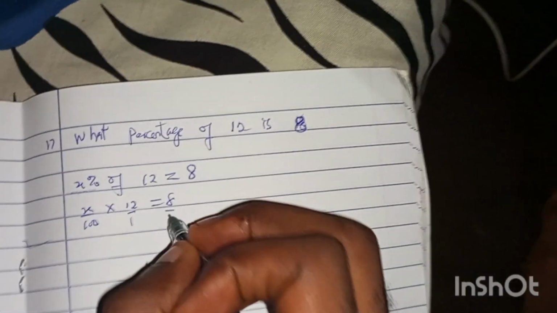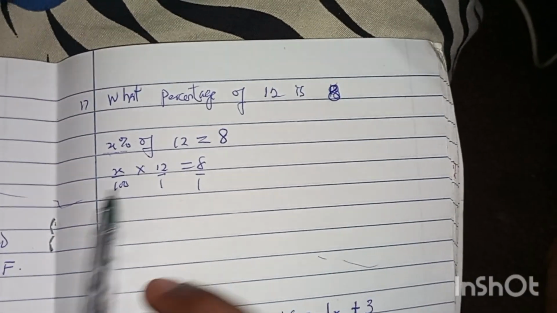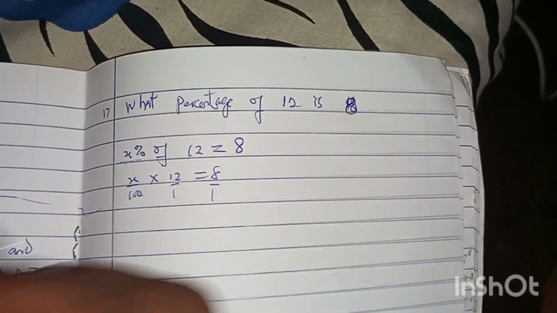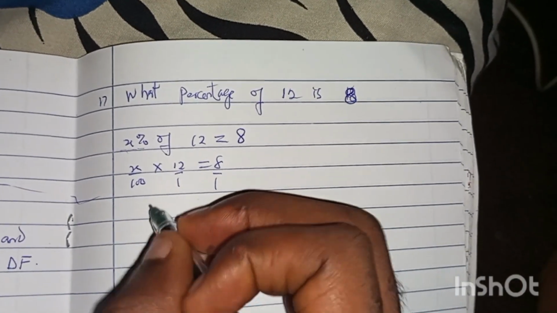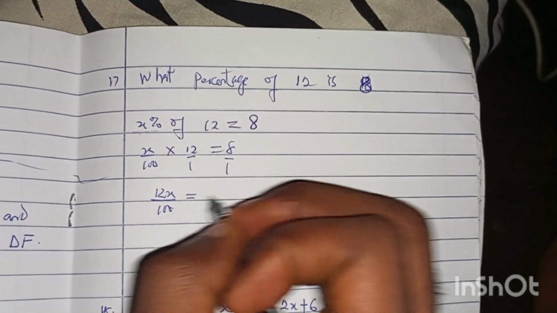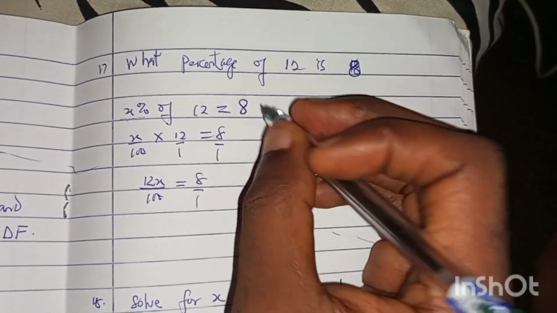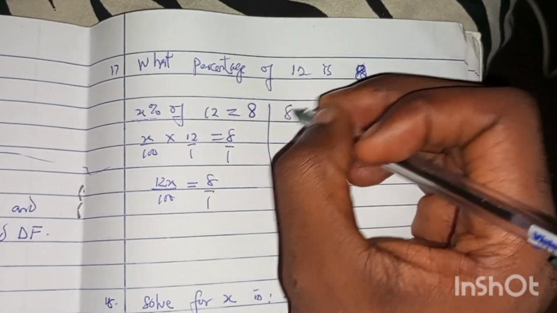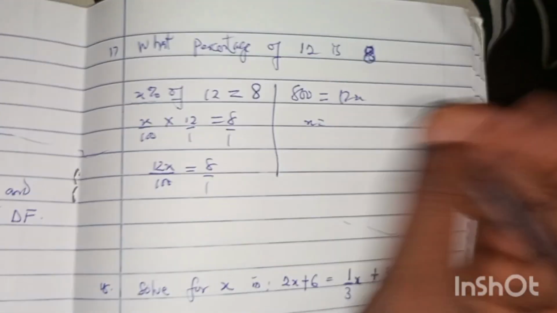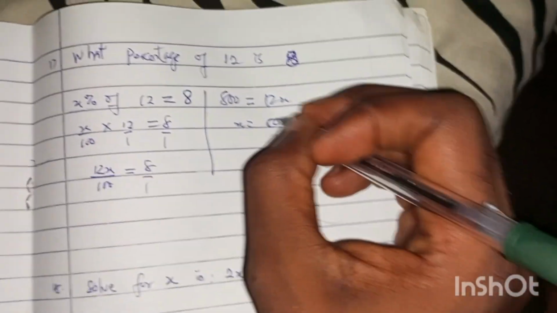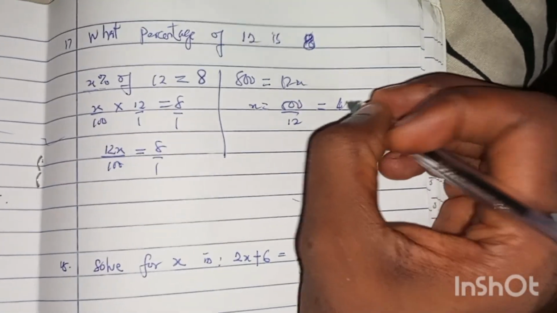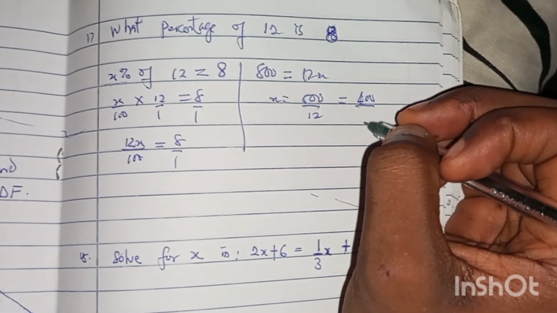You can decide to multiply through by 100, being the common denominator, but you can just decide to still do it like this. X times 12, that's going to be 12x all over 100 equals 8 all over 1. If you cross multiply, you'll be having 800 equals 12x. Alright, so x equals what? 800 divided by 12. Divide both of them by 2, we have 400 all over 6.